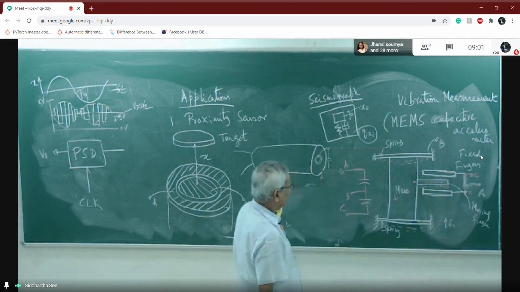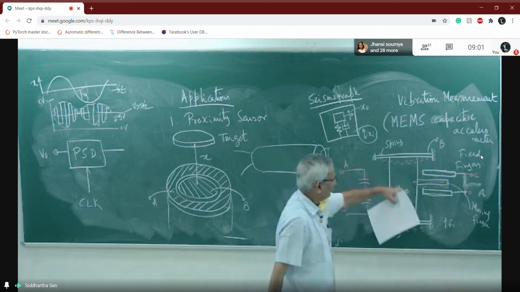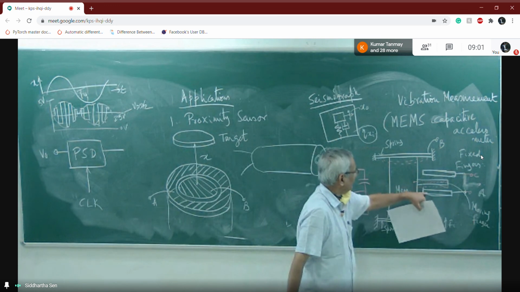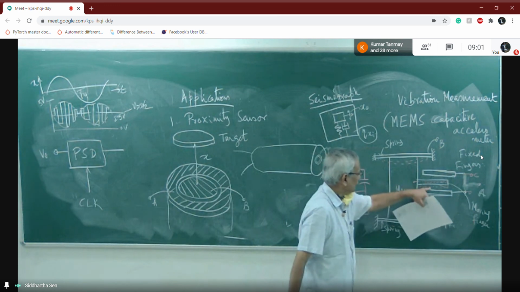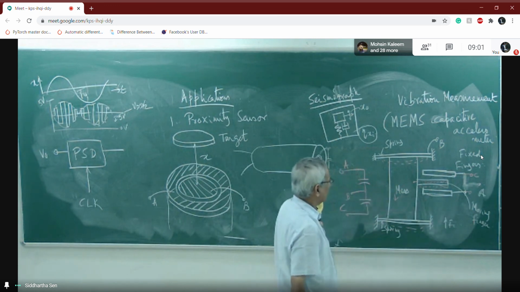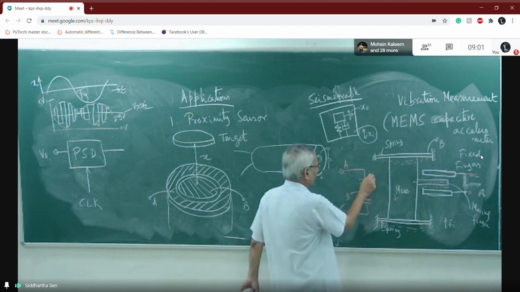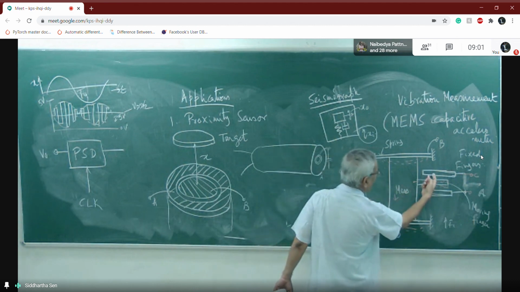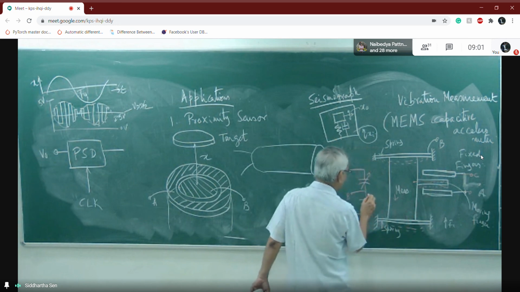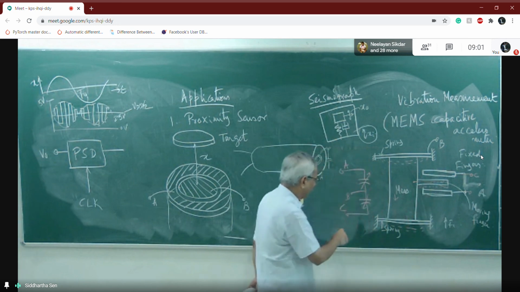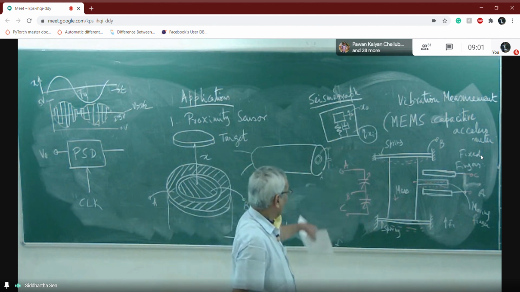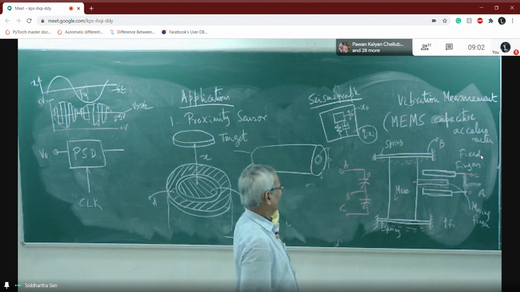So what will happen? If it comes down, the capacitance between A and B, these two plates, will increase because the gap has decreased, and the capacitance between B and C will decrease. So we can have some sort of differential capacitance.